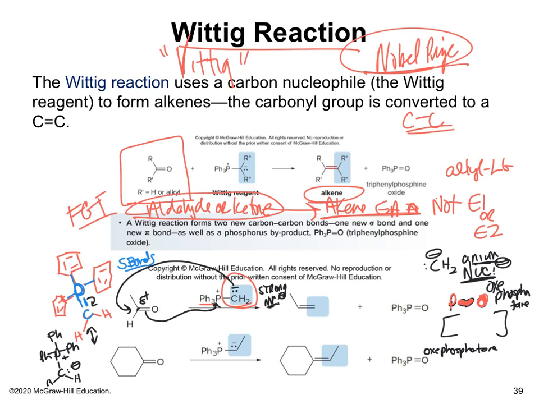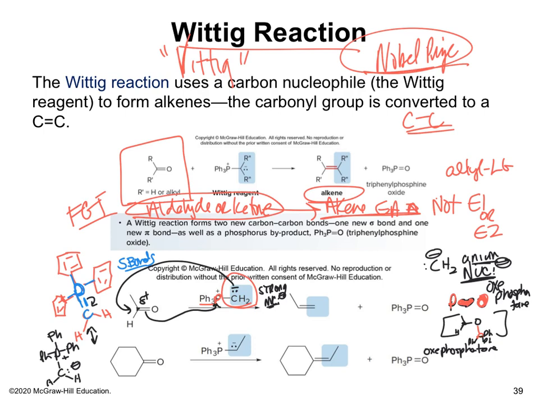And it's a four-membered ring. And so here, your tetrahedral intermediate, oxygen is going to bond to phosphorus. See, here's phosphorus, and phosphorus has its Ph, Ph, Ph.